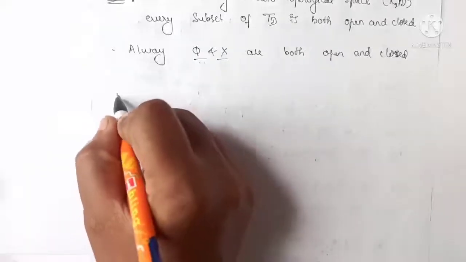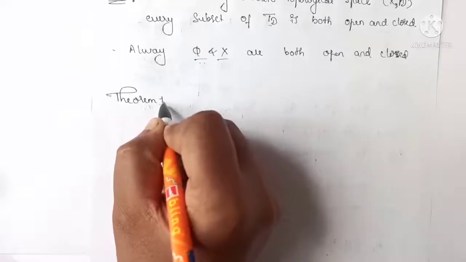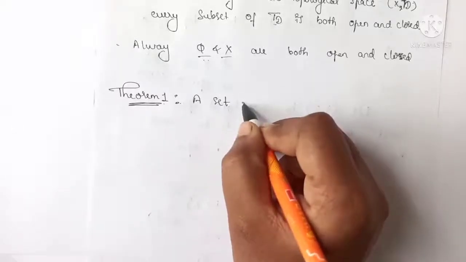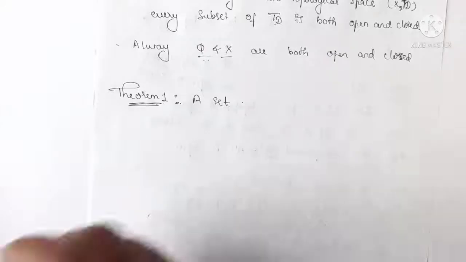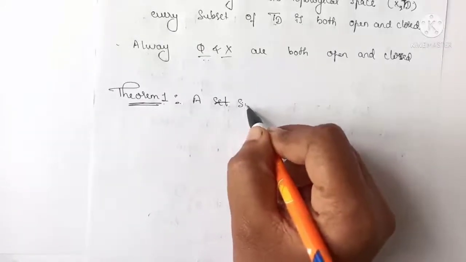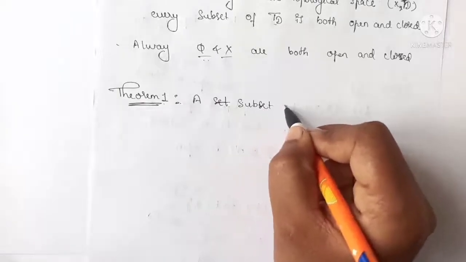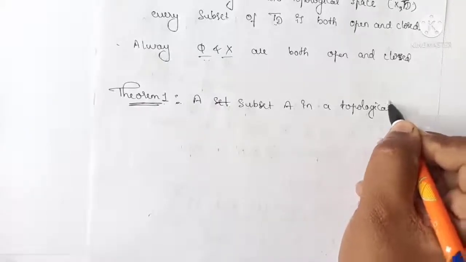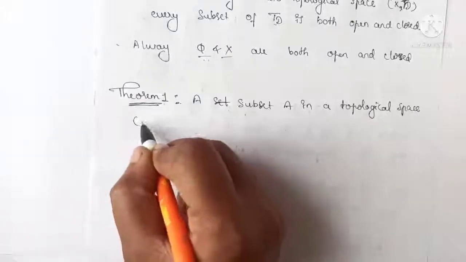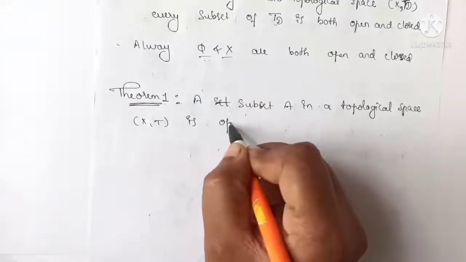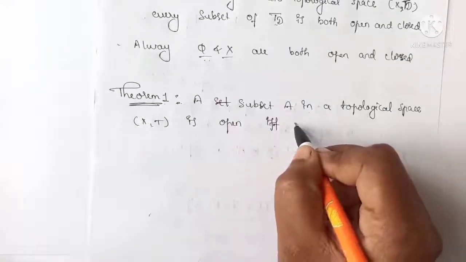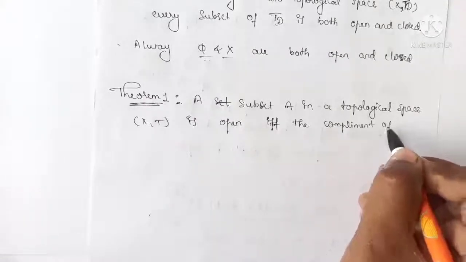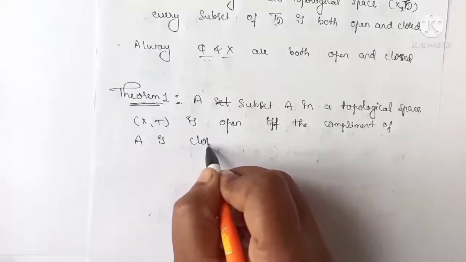Okay, first theorem 1: a subset A in a topological space (X, T) is open if and only if the complement of A is closed, right?